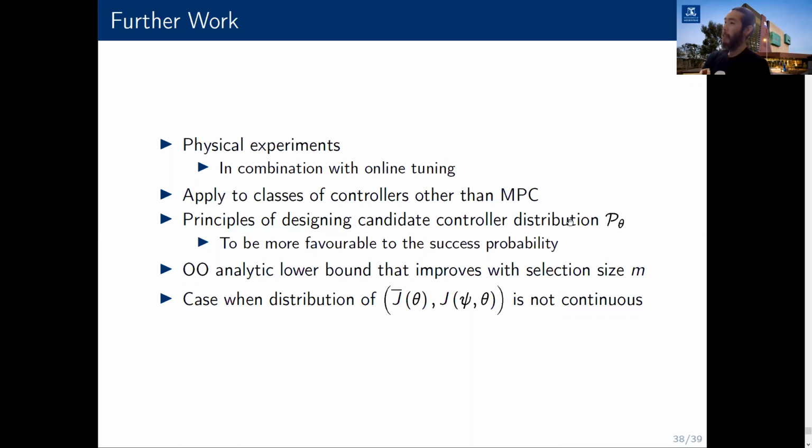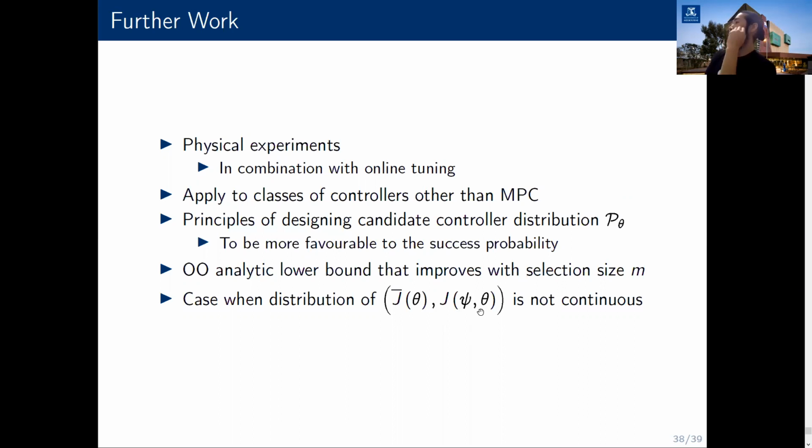What I can say, however, is that in the end it does come down to the underlying correlation between these two controller performances. If you can design a mechanism where good performance in simulation will predict good performance when you test it on the plant, then that is what underpins your success probability.